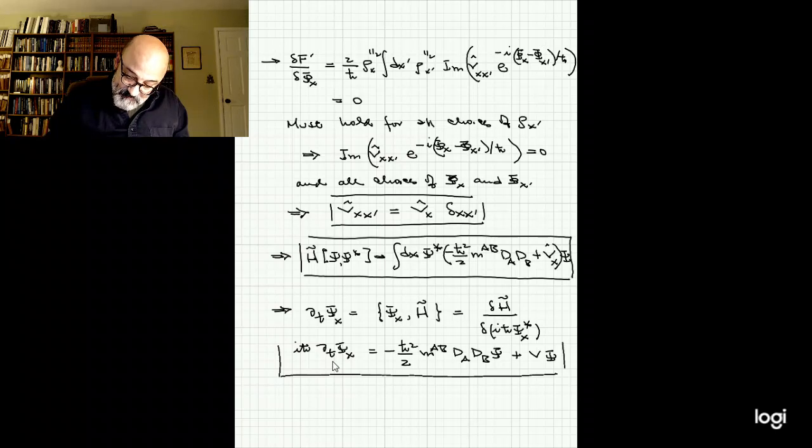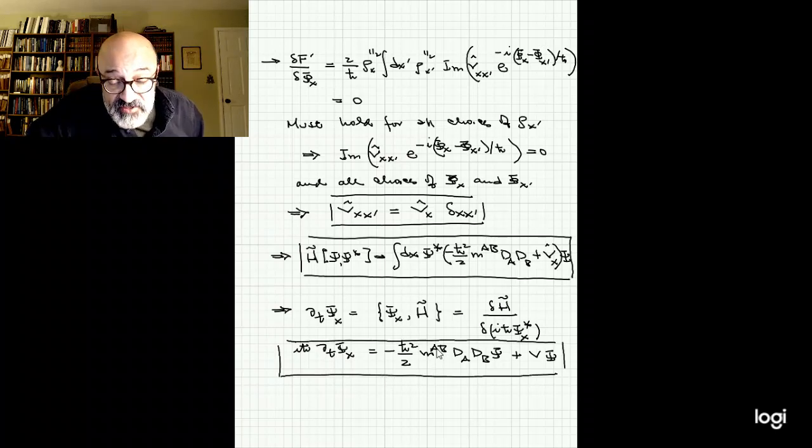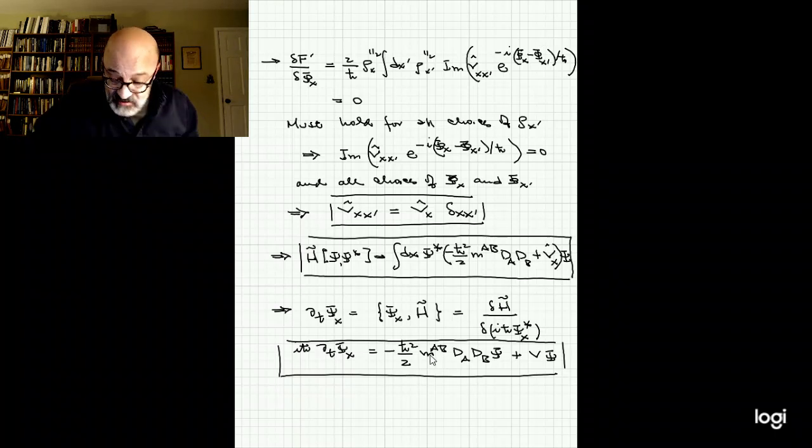We're done. Let me rewrite this in more conventional notation. Let me substitute the mass tensor there.